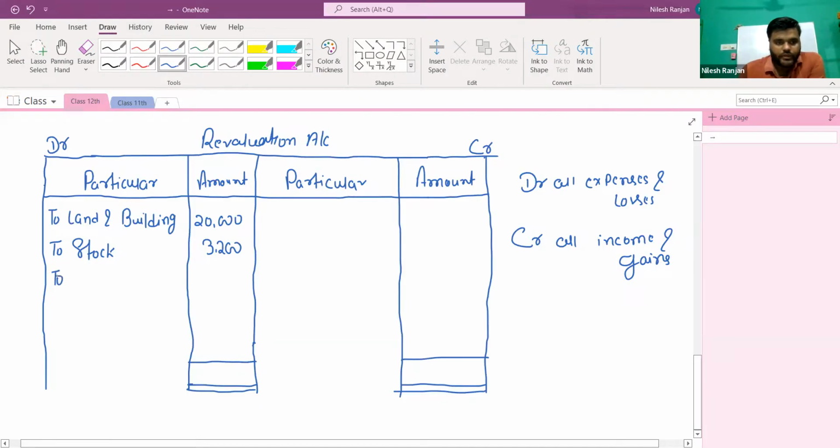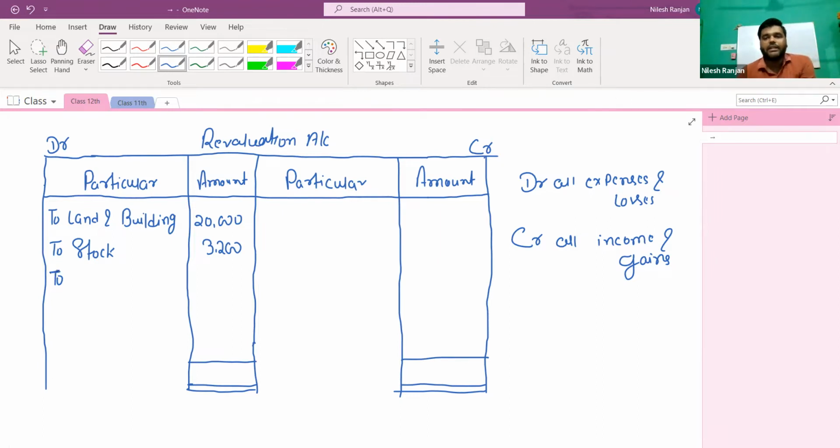After that, there is a provision of rupees 1,000 be created for doubtful debts. So provision is created on debtors, and if there is no provision and we have to create 1,000 provision for doubtful debts, then it is loss for us because we have doubt that debtors will not pay rupees 1,000. That's why it is a loss for us. So to provision for doubtful debts, 1,000.